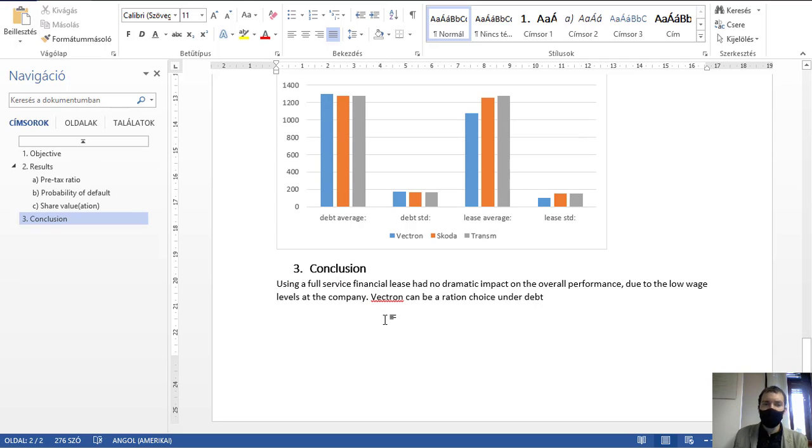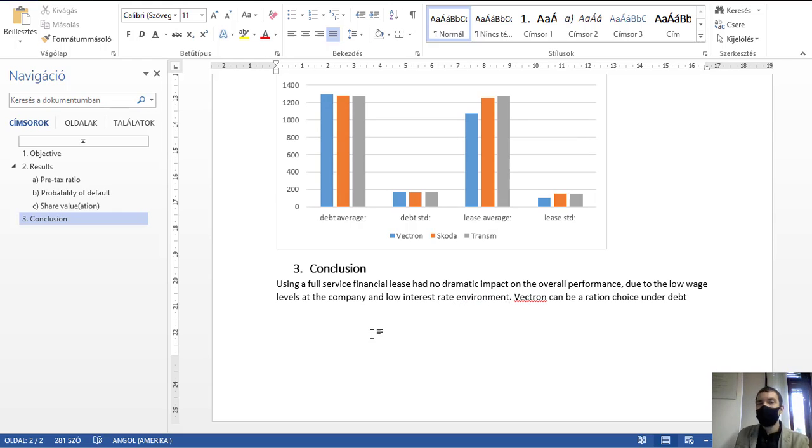And not just the low wages of the company, because we can also say that bond funding is ridiculously cheap. So wage levels and a low interest rate environment.